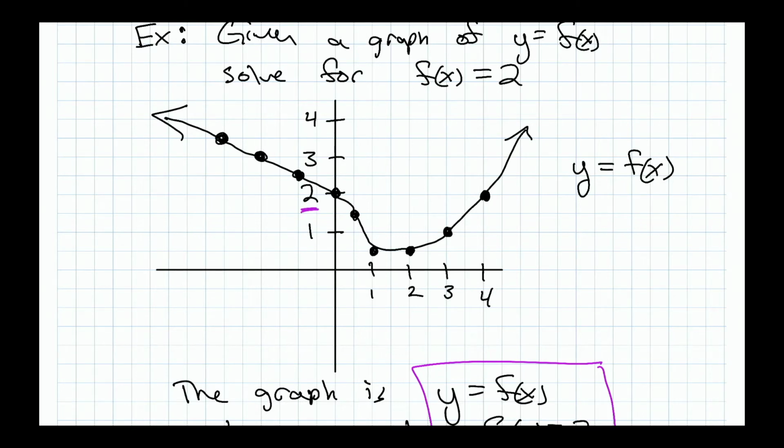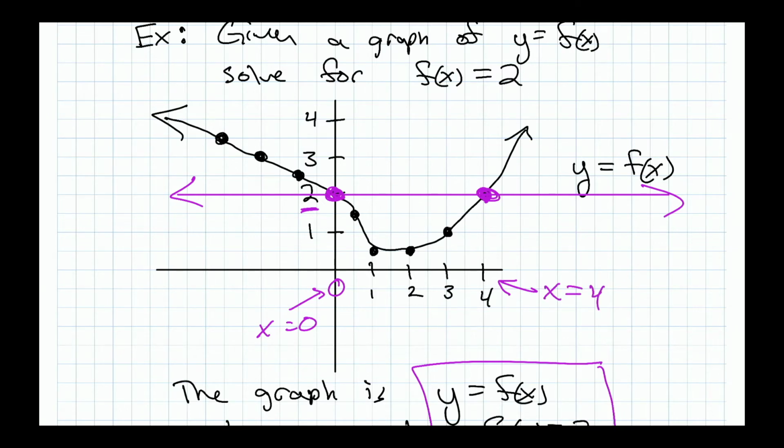Right? So if you just think about putting a line across y equals 2, like that, and you say, well, where does that hit? Hits right here and right here. So those two places where the y value is 2. And so those two places are x equals 0 and x equals 4, right?